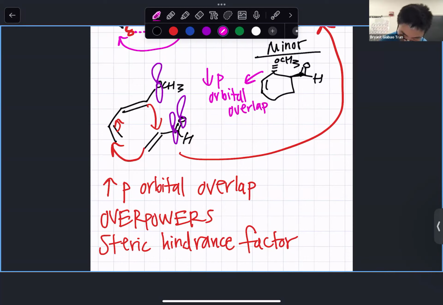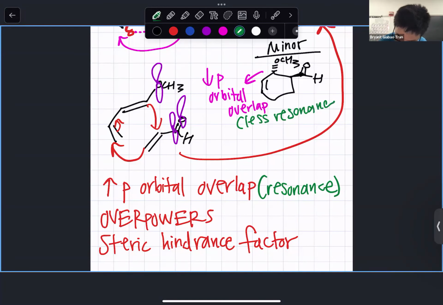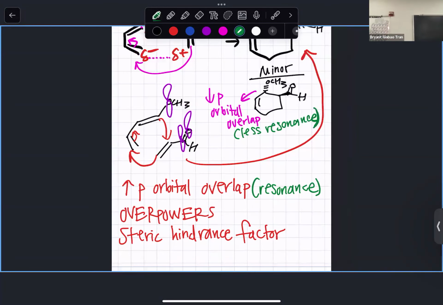When you think of p orbital overlap, just think of resonance. Like they could do more resonance with each other. Less resonance in this case, right? Because you know how resonance happens between sp2 atoms or p orbitals where the electrons can hop to different p orbitals, right?